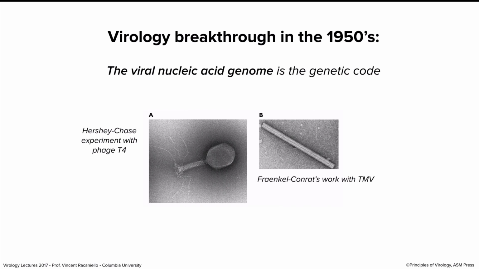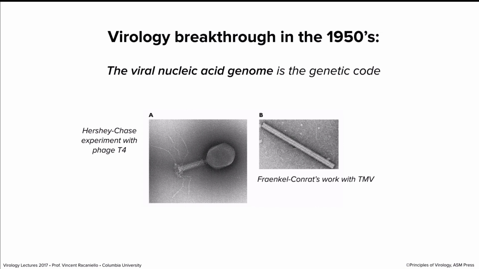He purified them separately, and he would put the RNA into cells, and they started an infection. If you put the protein into cells, they did not. All right, so 2 really important experiments in the 50s established that DNA or RNA is the genetic material of viruses. And from that point on, we begin to do experiments to see how we can manipulate those.